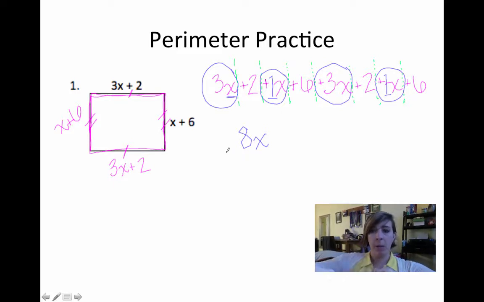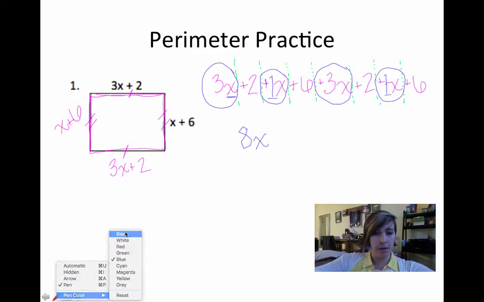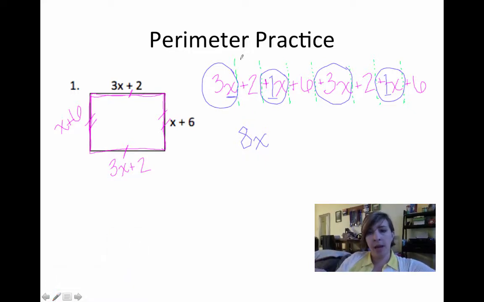And then I'm going to figure out what my individual numbers are. I have terms without a variable. So I have positive 2, positive 6, another positive 2, and another positive 6. 2 plus 6 is 8, plus 2 is 10, plus 6 is 16.